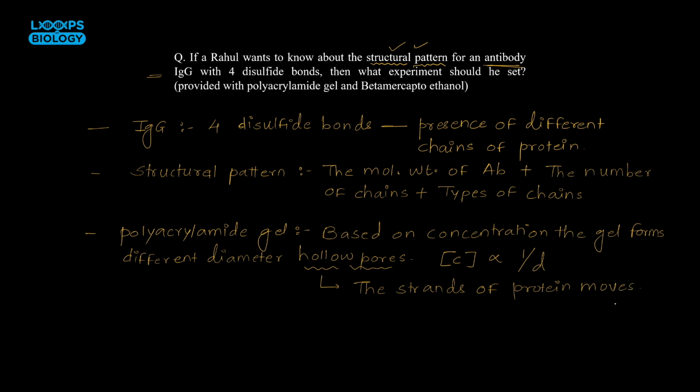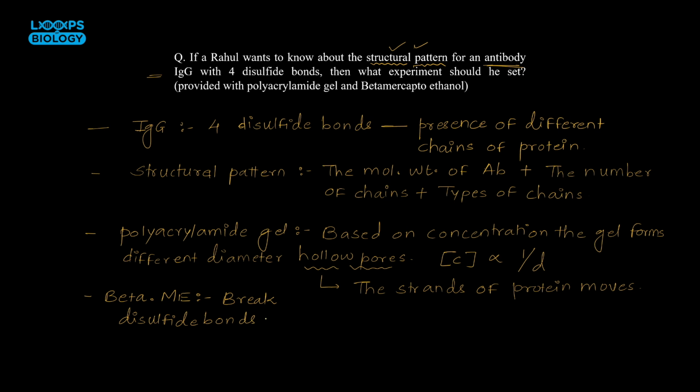The strands of protein move. All right. Now the next element is given with us, that is beta mercaptoethanol, that is BME. This BME helps to break disulfide bonds.